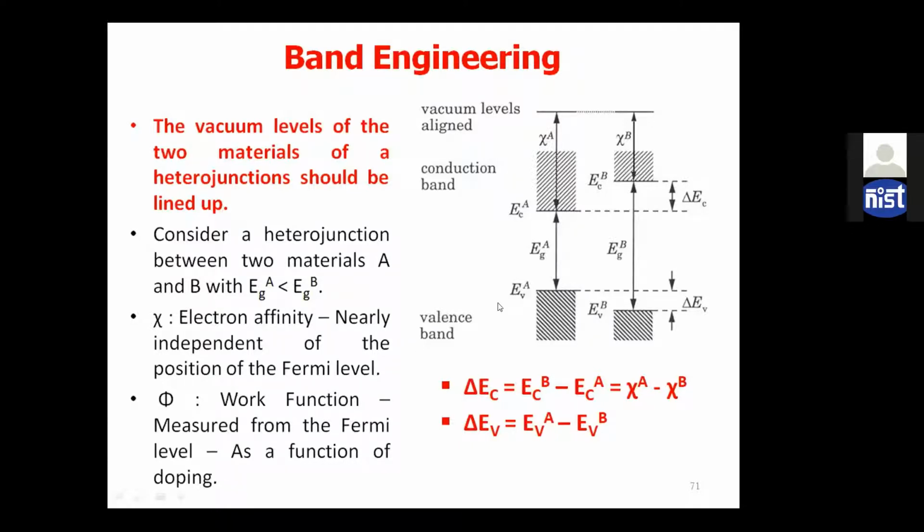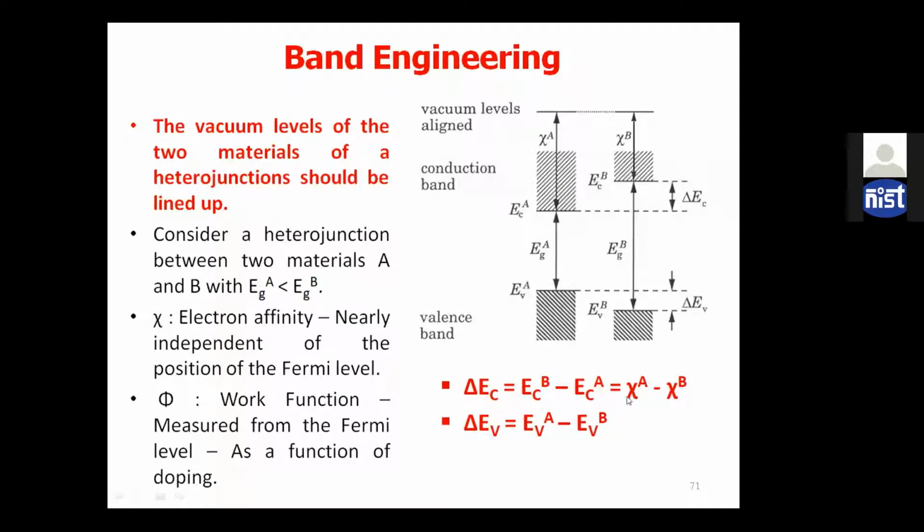So in a heterostructure, you can get a band offset in the conduction band as well as in the valence band. In the conduction band, the band offset is EC of B minus EC of A. That means the conduction band of the higher band gap material minus the conduction band of the lower band gap material.